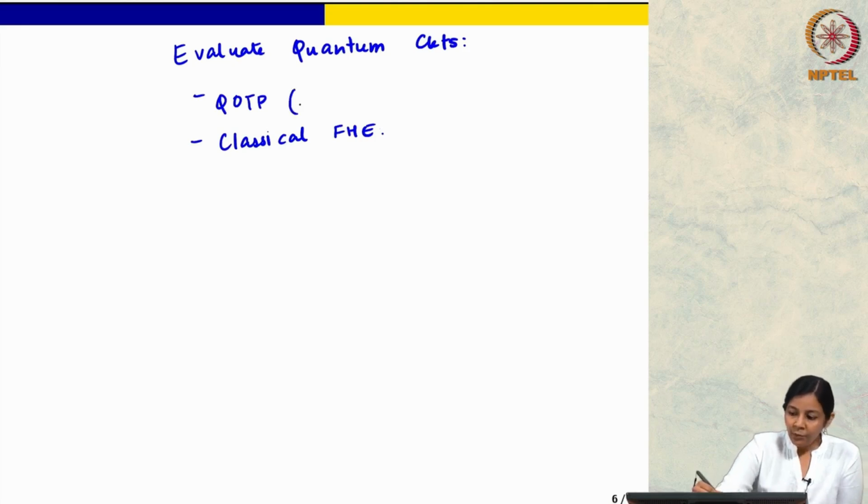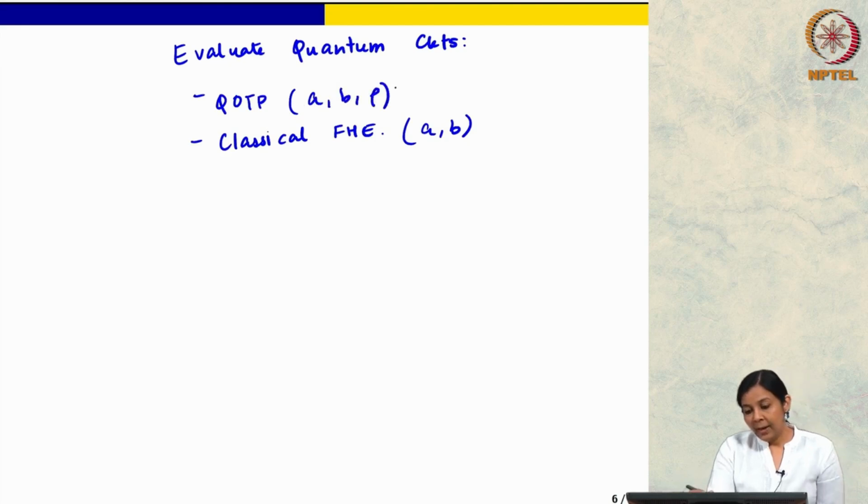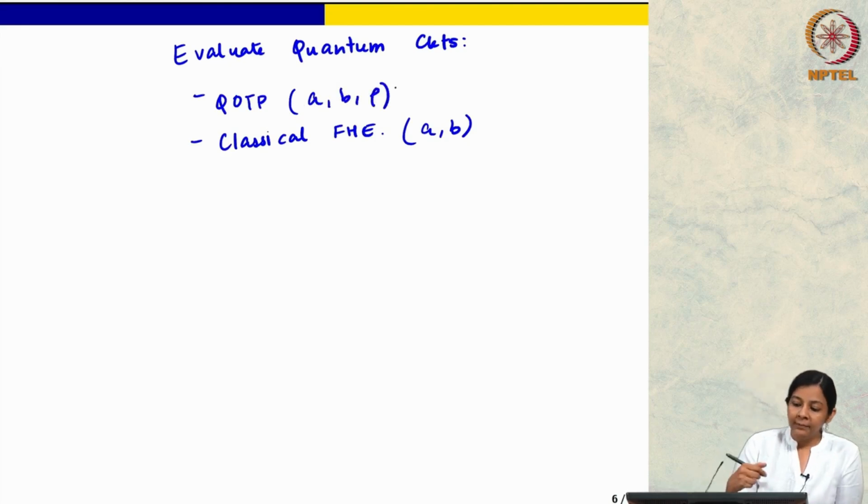So, we have a QOTP of rho and some FHE encryption of AB, which is the secret key of the QOTP. Let me write it as AB rho. Now, as a warm up let's think of evaluating a Z gate. So, now I have something like this, right.